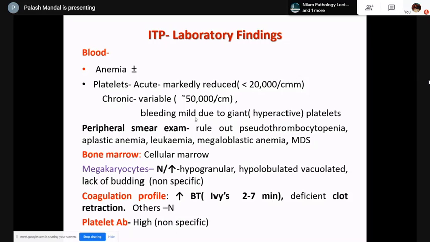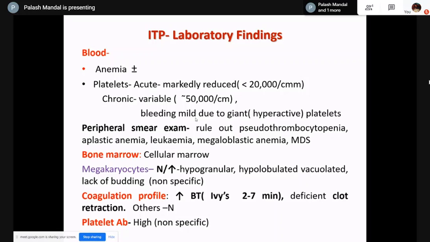Coagulation profile. We are dealing with the laboratory findings in case of ITP. So next we will see the coagulation profile. Actually, I would place the coagulation profile before the bone marrow examination, but it is fine if you write bone marrow before that. So in the coagulation profile, what do we see?